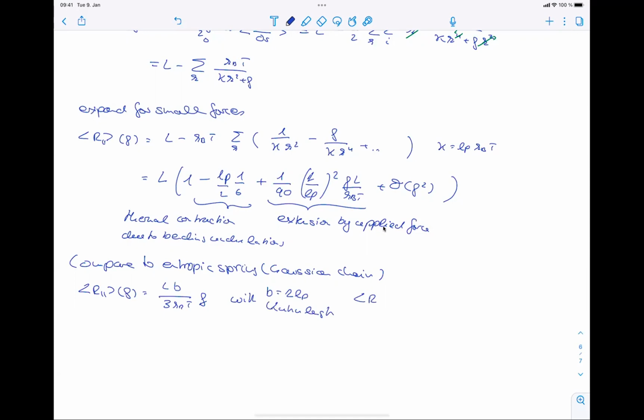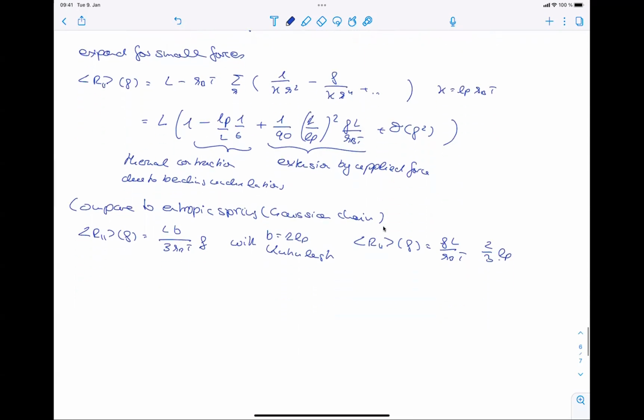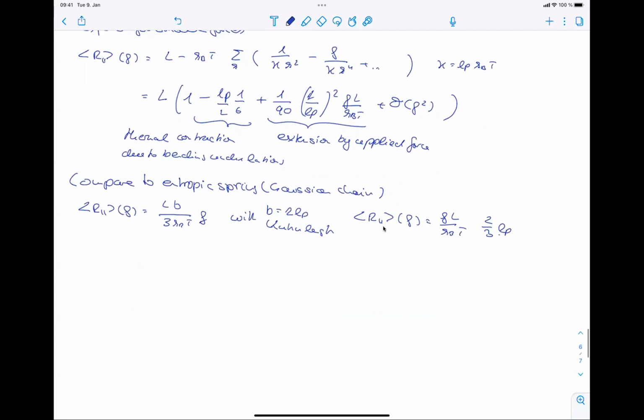So what we actually state above should be compared to FL over kBT, and then there is a 2/3 LP term that's popping up, or like if I make it so it grows linearly in the persistence length as before.